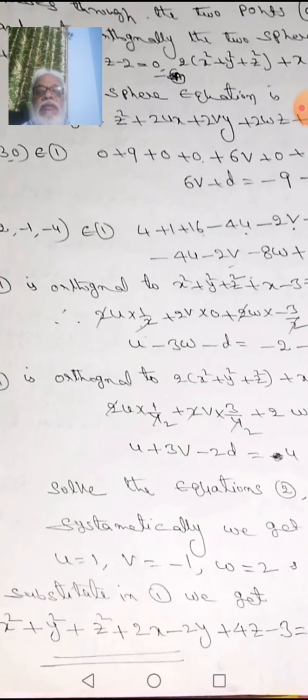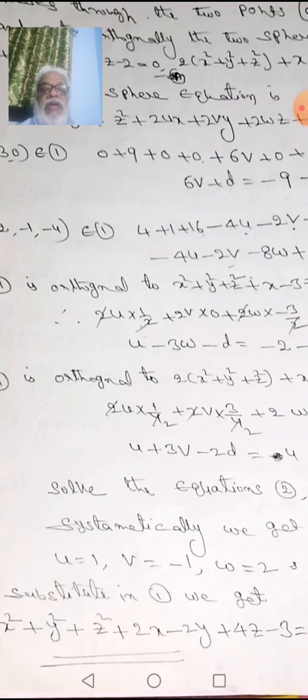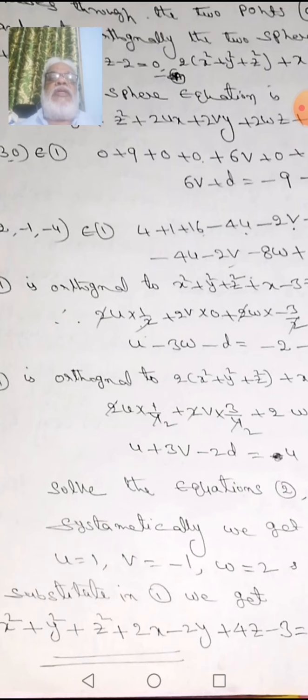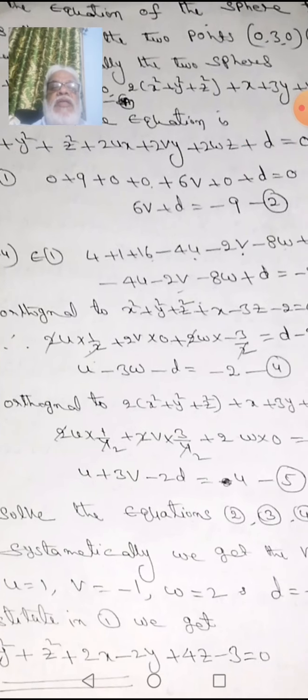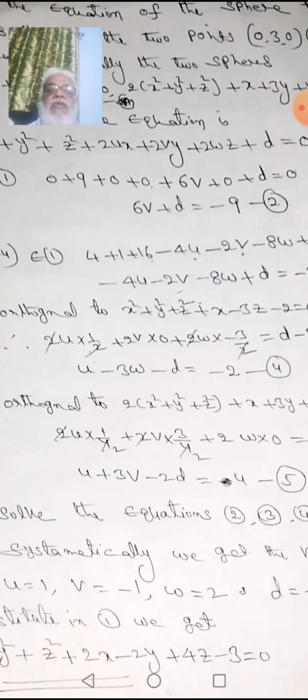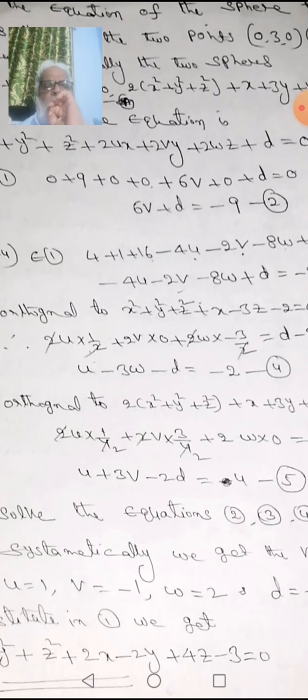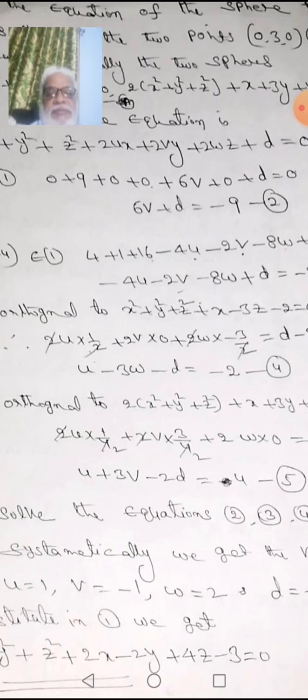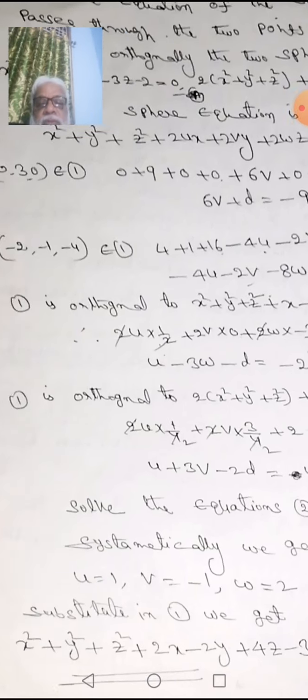It means we got the required equation. The solution here is just to solve simultaneous equations, that is second, third, fourth and fifth. 4 equations and 4 unknowns are there, that's why we got it easily.